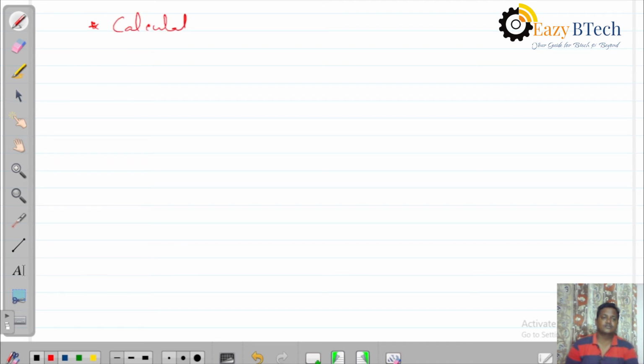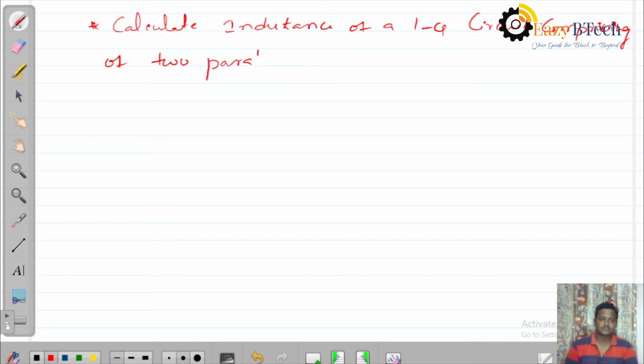calculate the inductance of a single phase circuit comprising two parallel conductors of 6 mm in diameter and spaced 1 meter apart.